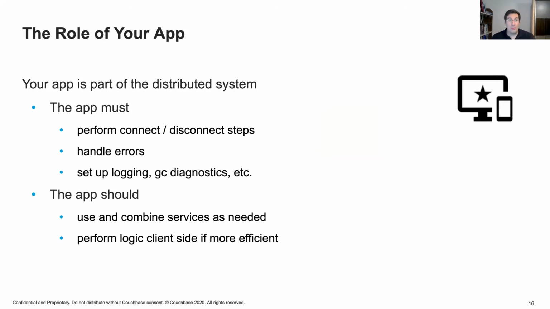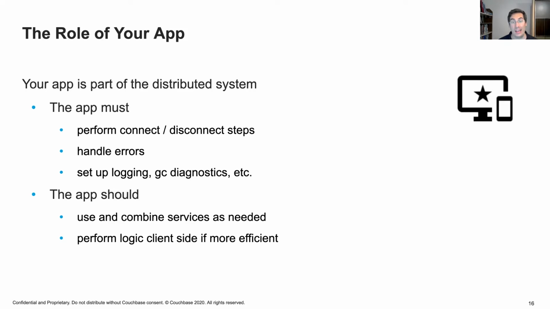So we talked about the role of the SDK, but also briefly, let's touch on the role of your application. Now, you have to keep in mind that because you consume the SDK, and the SDK is part of the distributed system, that's Couchbase Server, your application is also part of the distributed system. So when you're developing an application, you must, of course, make sure to connect and disconnect properly and use the resources in the way they're intended to.